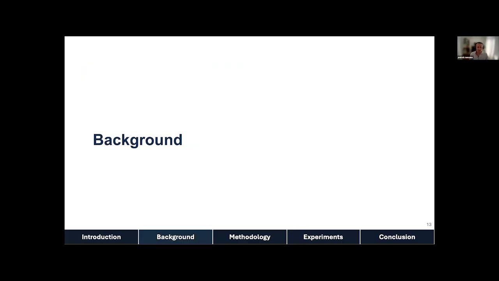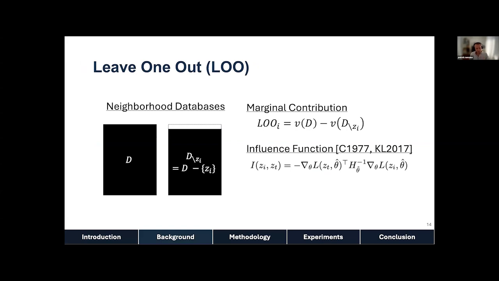Perfect. So now a bit of technical background. So I talked earlier about valuation methods. So there is a very basic or simple valuation method. It is what we call leave one out. So imagine that you have a data set, a database. You are interested in doing data valuation on one data point.